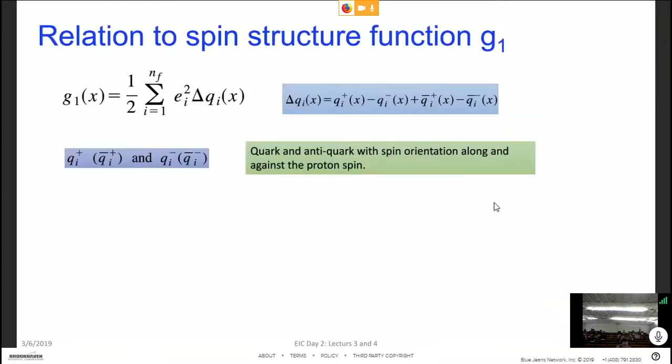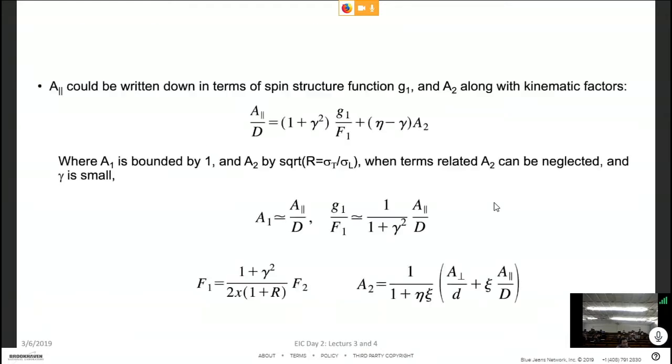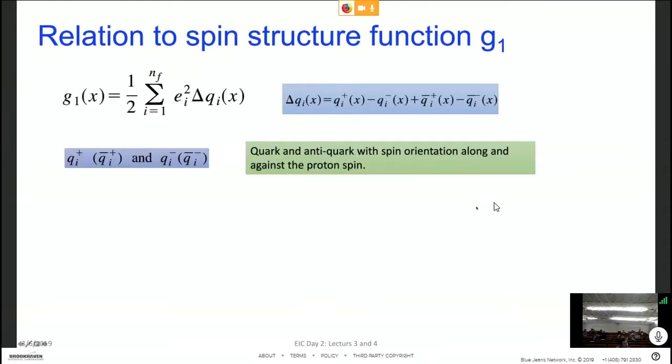And then you want to connect that to the spin structure function G1 with the quark's orientation. So getting to G1, which is A1 in the previous plot, G1 over F1 is A parallel in this plot here. So that's what we want to measure. And that needs to be connected to the quark distribution function, and that is shown here.